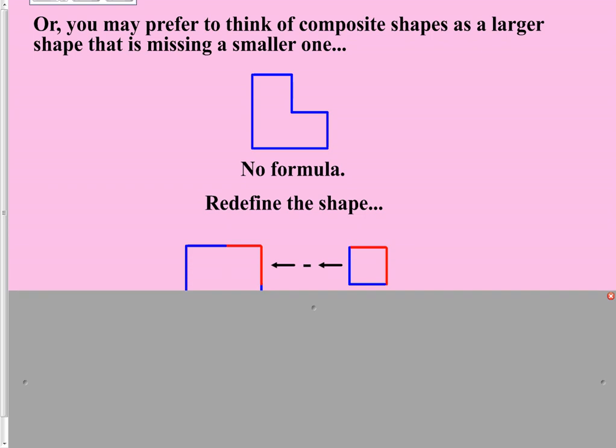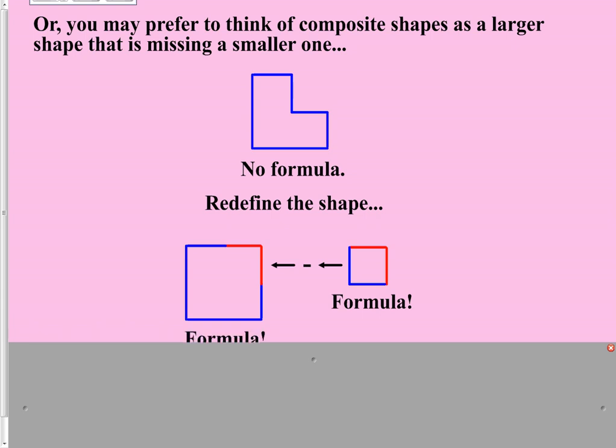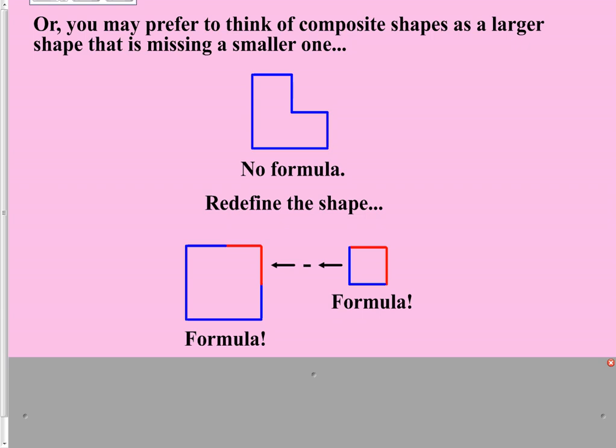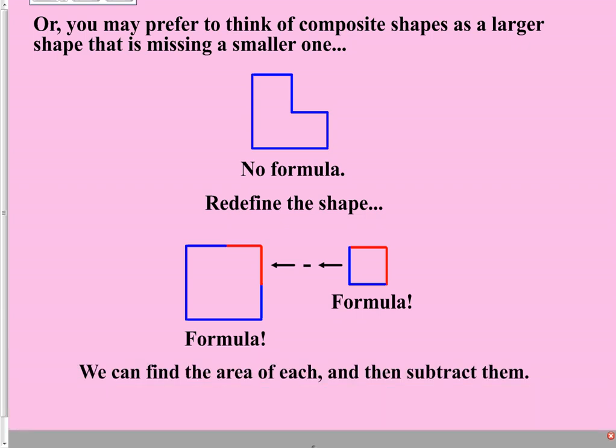Another way of thinking about it is a larger square or rectangle, depending on the measurements, that is missing its top right corner. A small square or small rectangle has been removed from this corner. Once again, we have formulas for a large square or rectangle and a small square or rectangle, and we certainly know how to do subtraction. So it's not a big adjustment to deal with this idea.